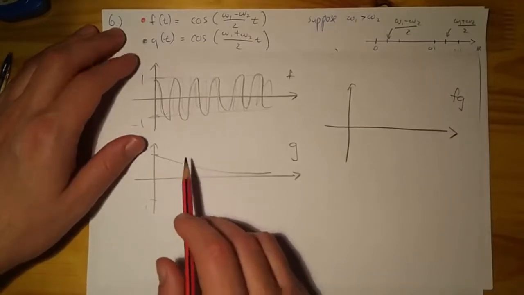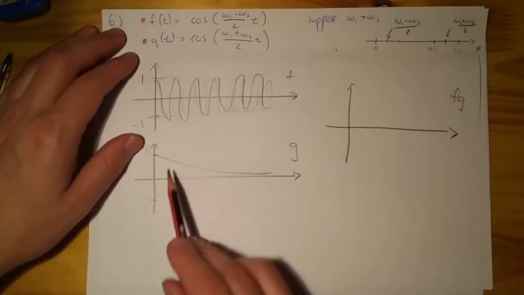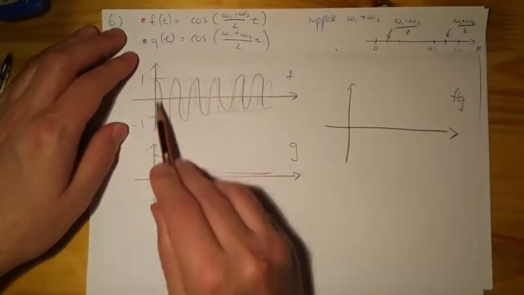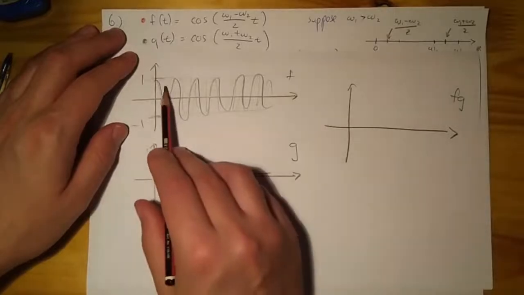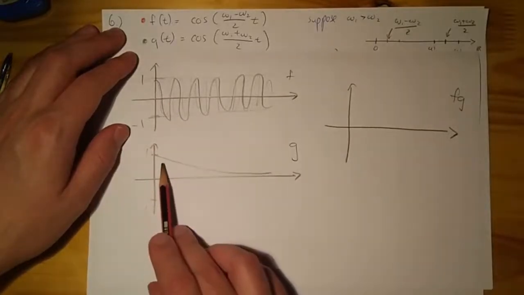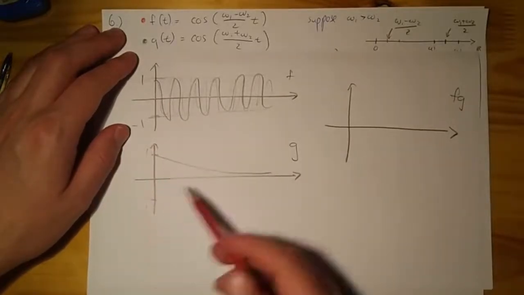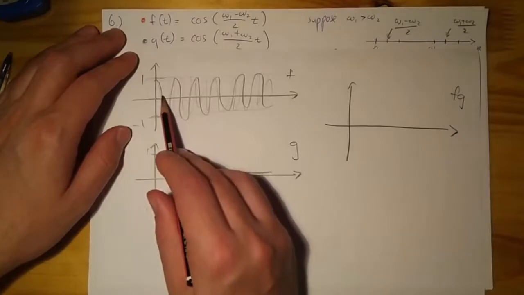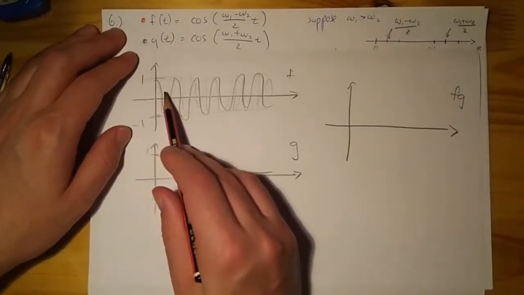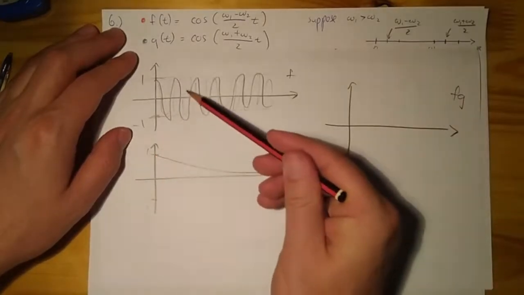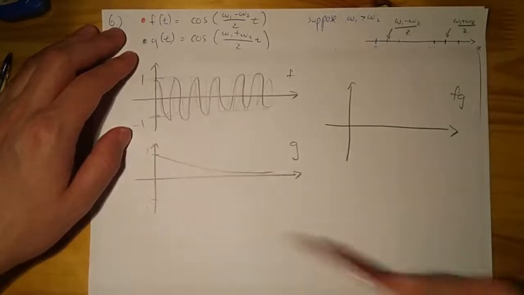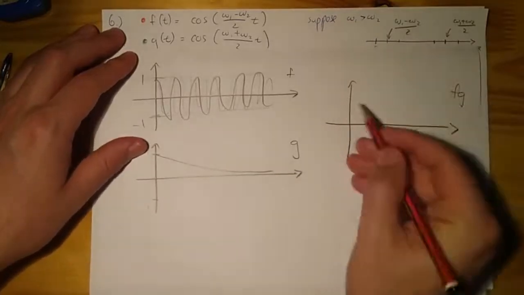So you've got to think about it a little bit to see that, specifically if both are between 1 and minus 1, this one is going to be squeezed into this one. Well, this one will also be squeezed into that one, but that's more difficult to think about. It's much easier to think about this one getting squeezed into that one. So in other words, what it's going to look like is something like this.